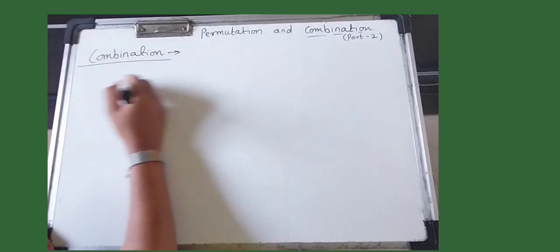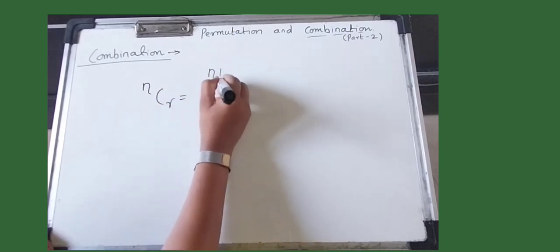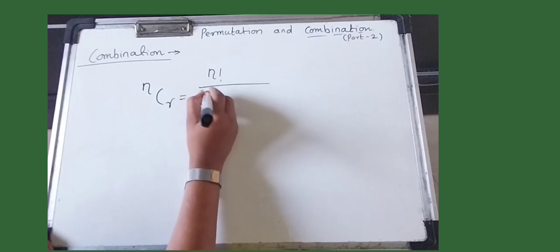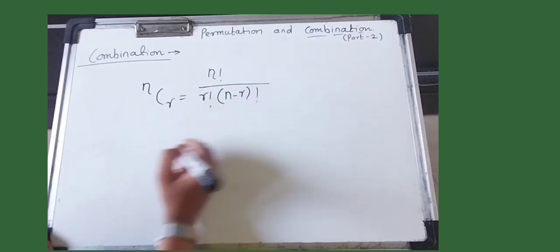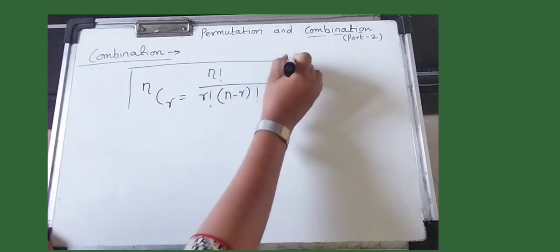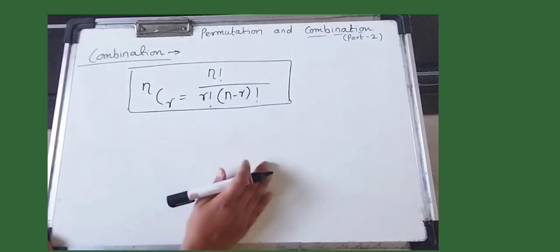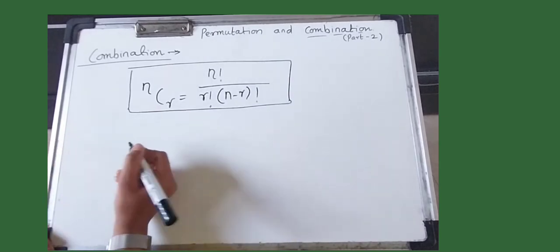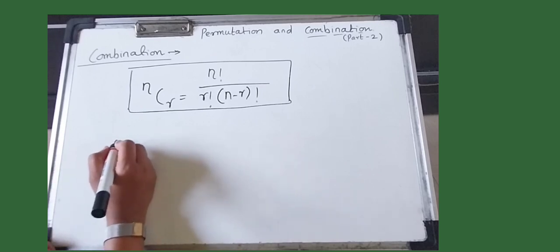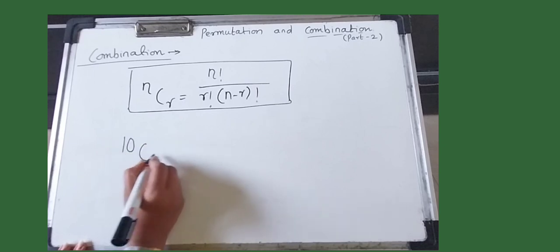See the formula. The formula is nCr equal to n factorial upon r factorial into (n minus r) factorial. This is the important formula for combination. A very simple formula. Sometimes they ask in an exam for 2 marks, maybe 10C6.